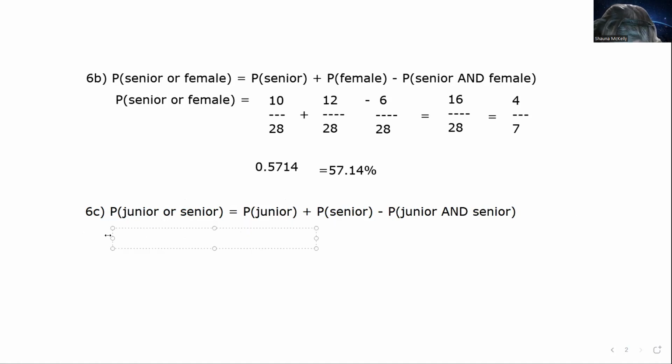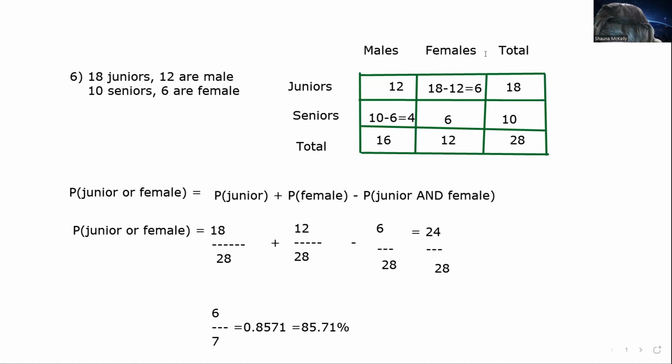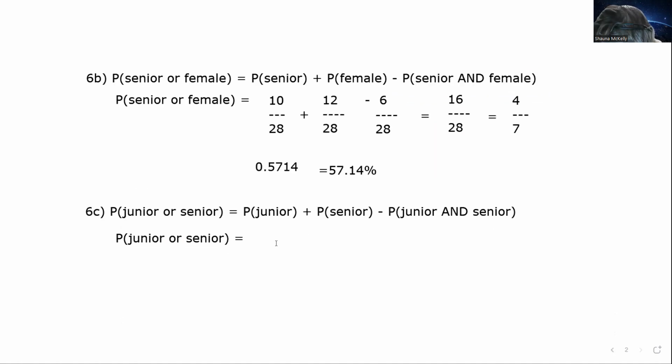I would get the probability of being a junior or a senior would be the probability of being a junior, which, if you remember from the previous problem, is 18 out of 28.